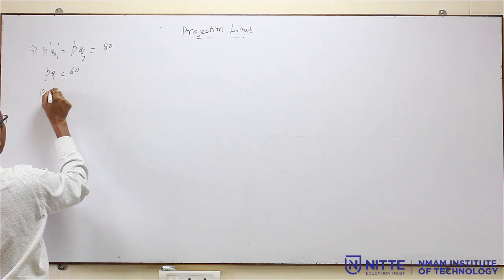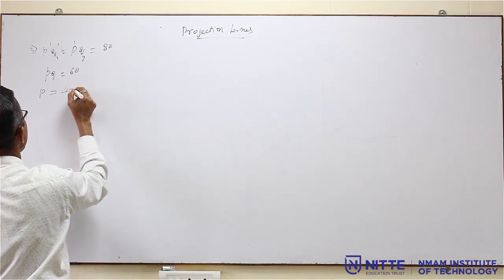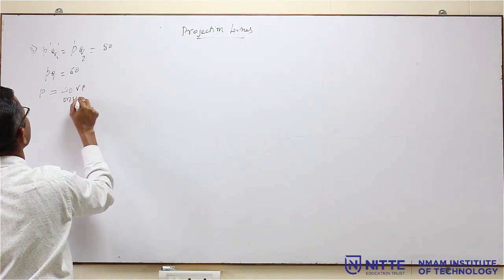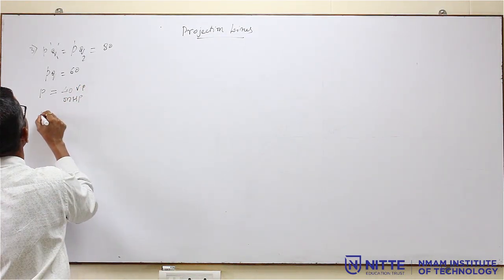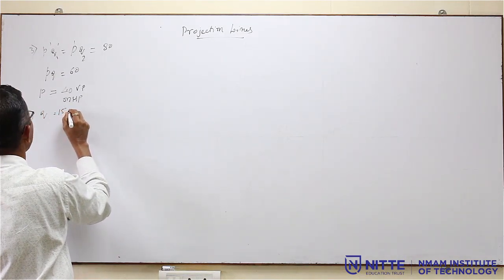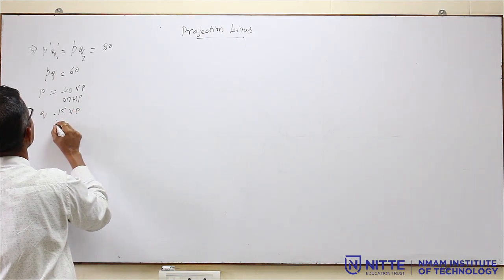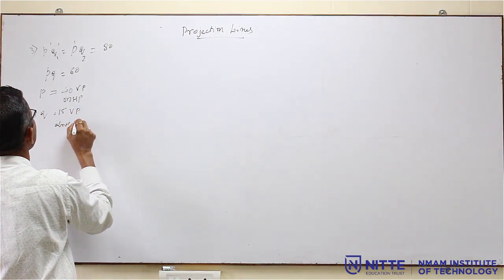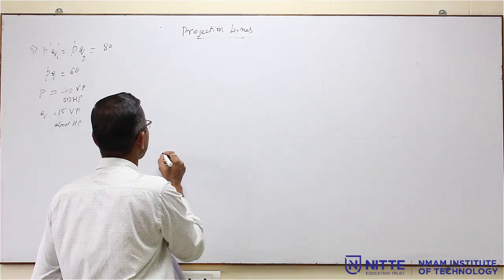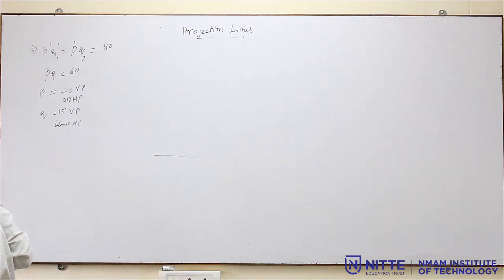Then they have given the location of P. It is 40 mm in front of VP and on HP. And Q is 15 mm in front of VP and above HP. So, first you draw the XY line.